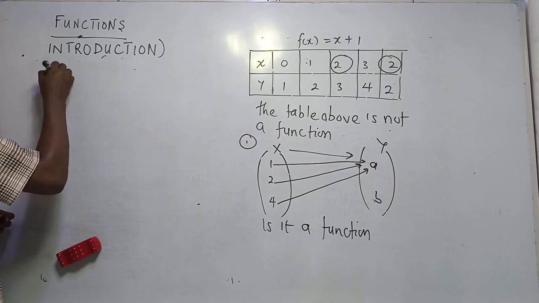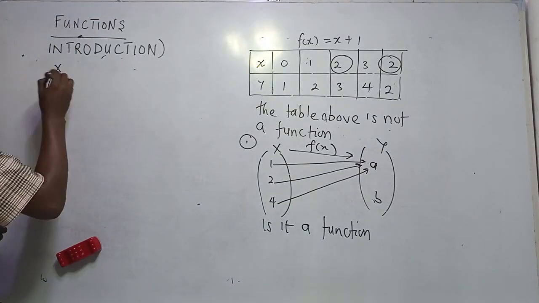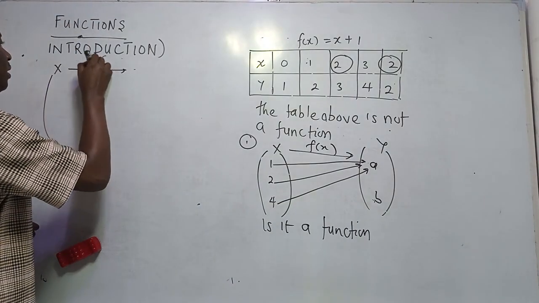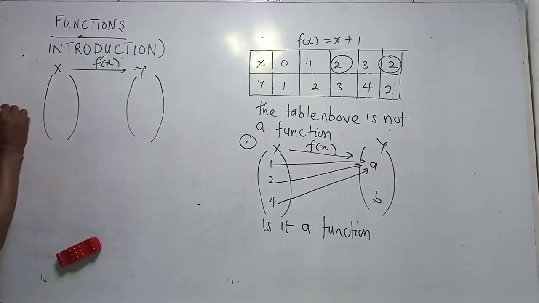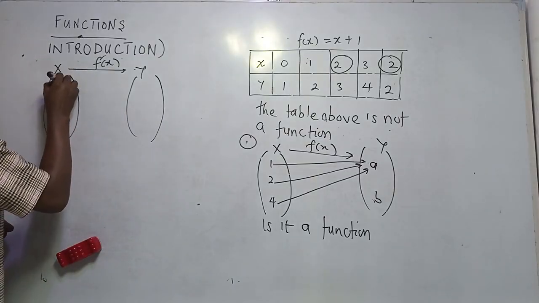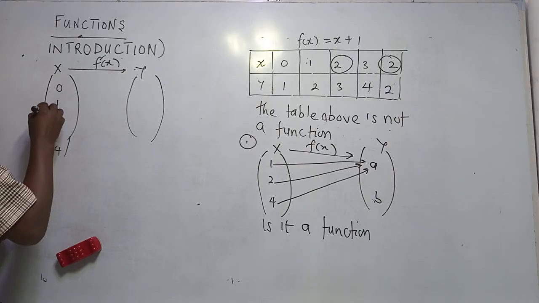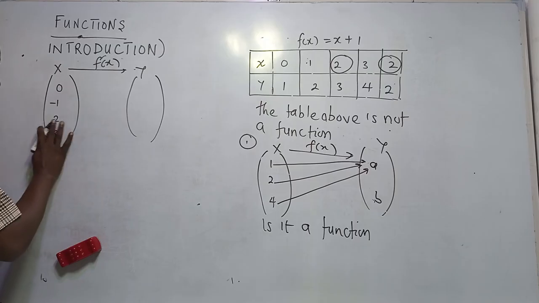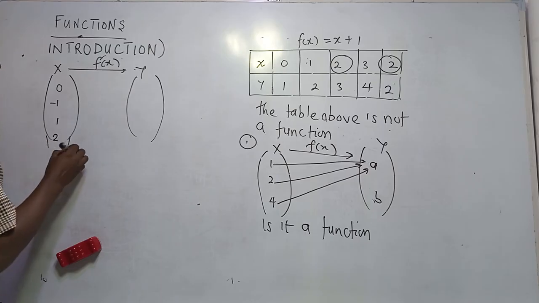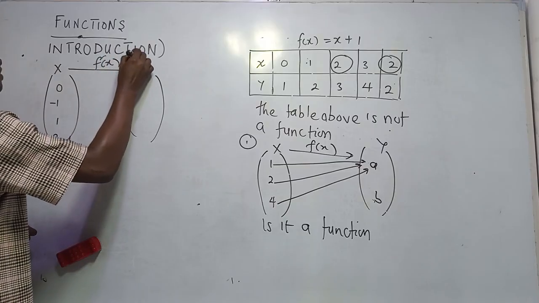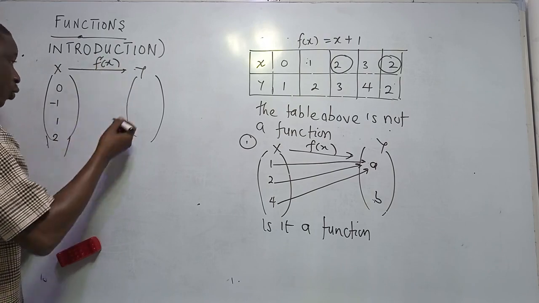Let me give you what is x. Please don't forget to modify the x. If x is linked up with y in this format, let's say we have 0, 1, 2, 3, 4. Okay, let me say -1, 1, 2, 2. Let me stop it like that. And let's say the function is defined, let's call it f of s.